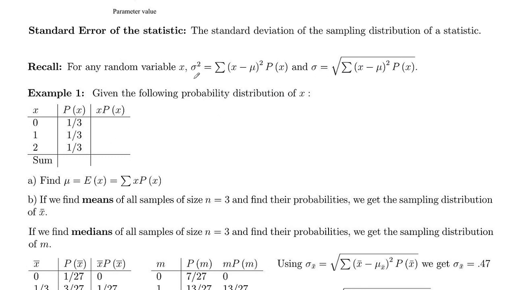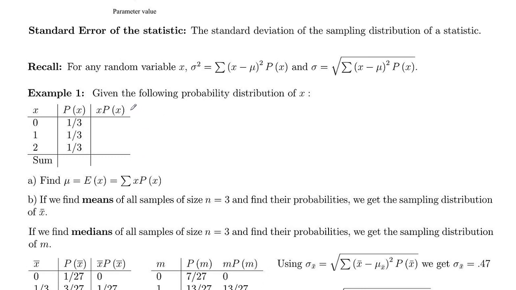And that works for any random variable, so it would work for a sampling distribution as well, or the test statistic, the sample statistic that generates sample means that form the random variable.